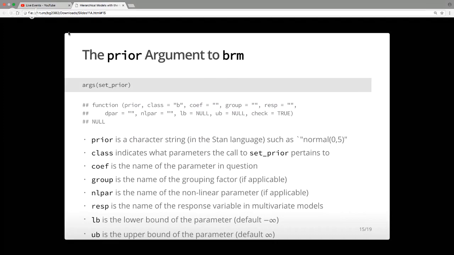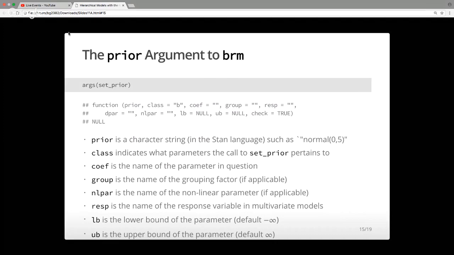So when you call set_prior, the first argument, prior, is a character string specifying the name of the distribution and the parameters that you want to use, using the Stan language. So normal(0, 5) indicates a normal prior with an expectation of 0 and a standard deviation of 5 on whatever you're talking about. The next argument, if you specify it, indicates the class of parameters that the prior character string applies to.